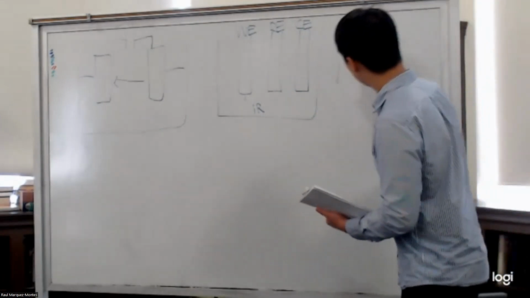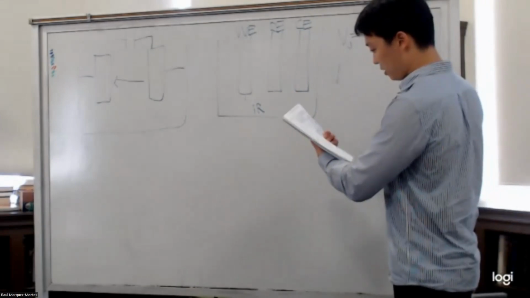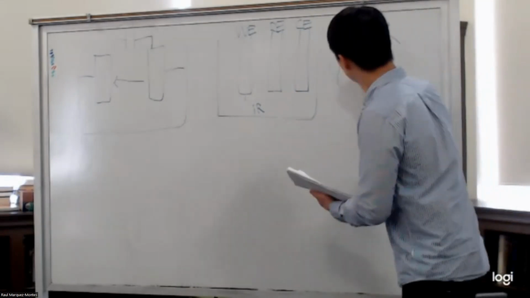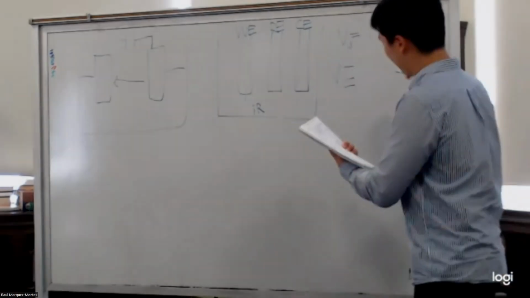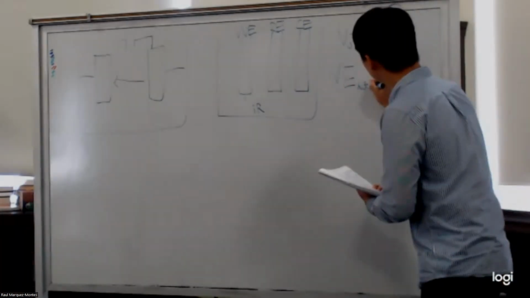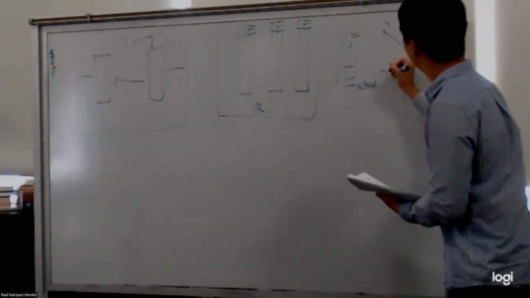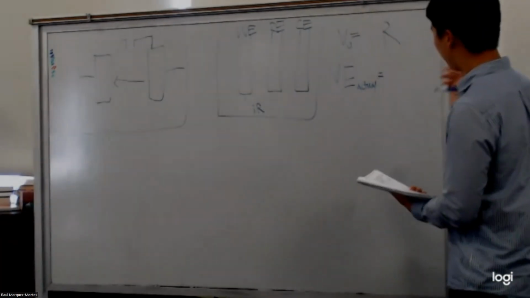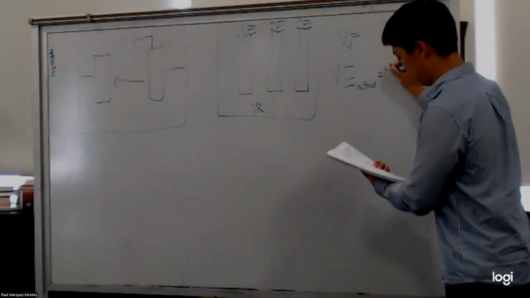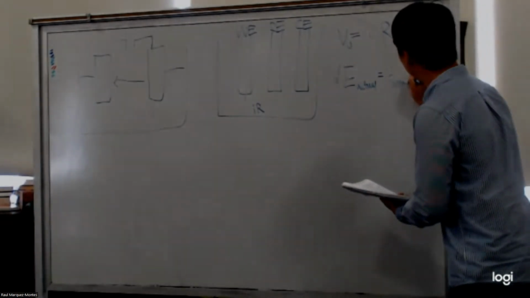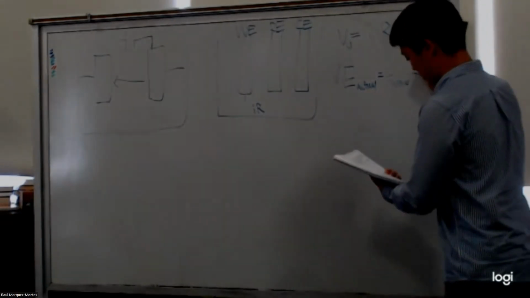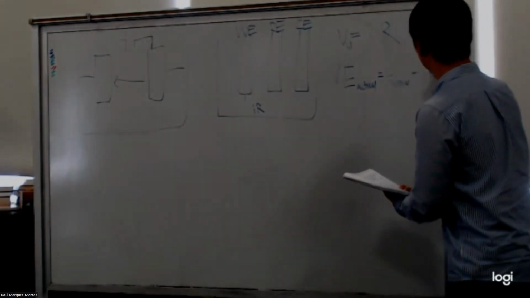So the actual potential applied to the working electrode is the applied potential minus the IR drop.